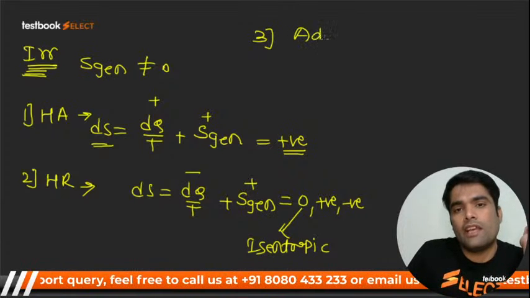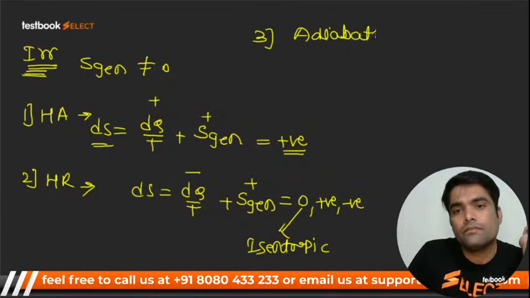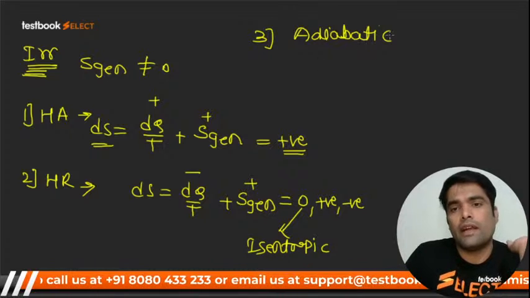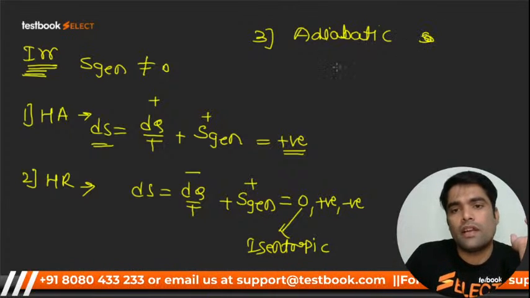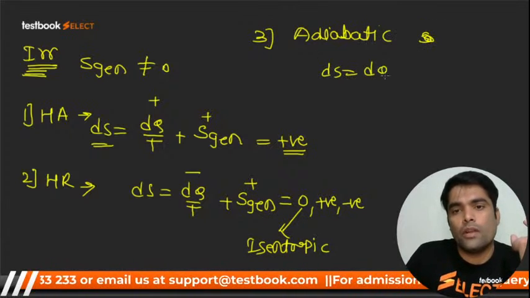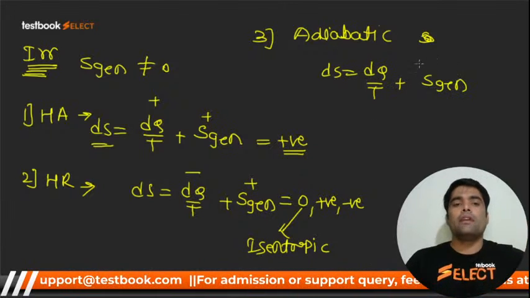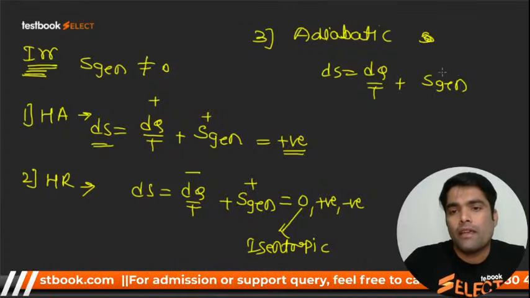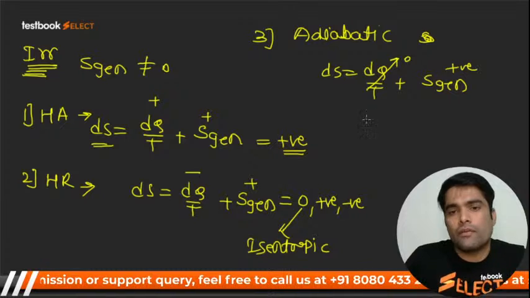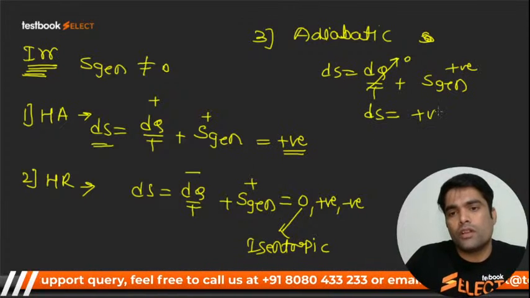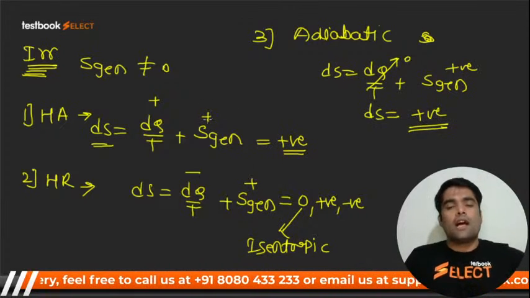Now the third thing. Suppose it is adiabatic irreversible. Then again ds is equal to dq by T plus entropy generation. The first term is 0 and the entropy generation is always positive, so ds is always positive. I hope you got it.